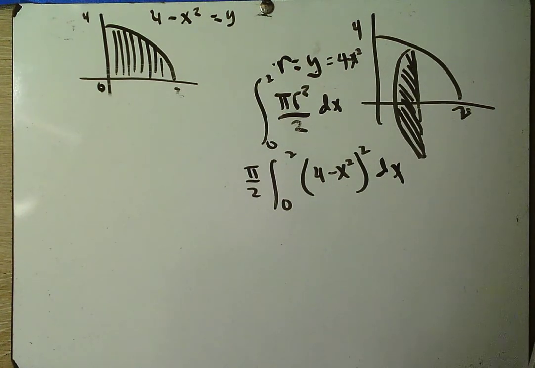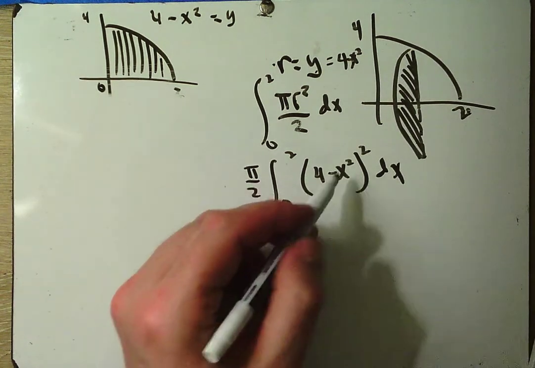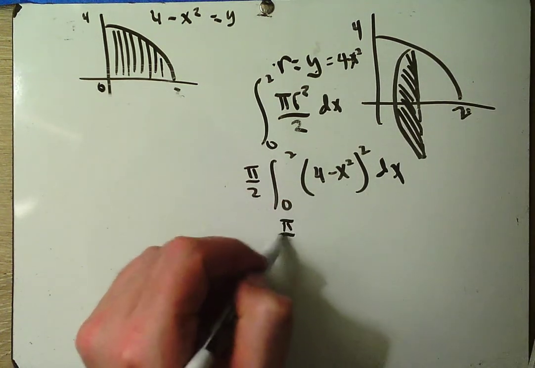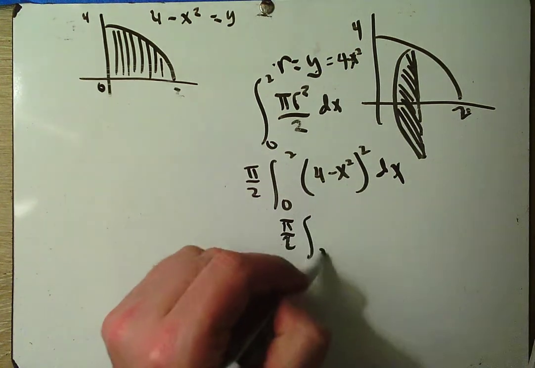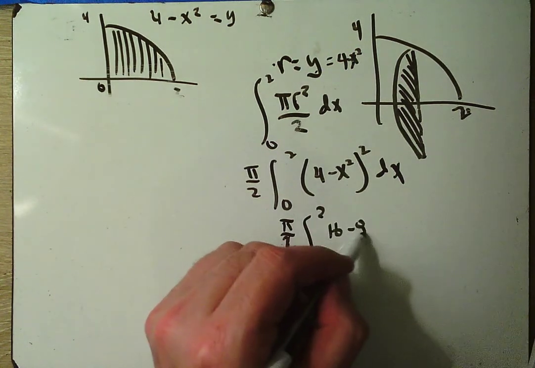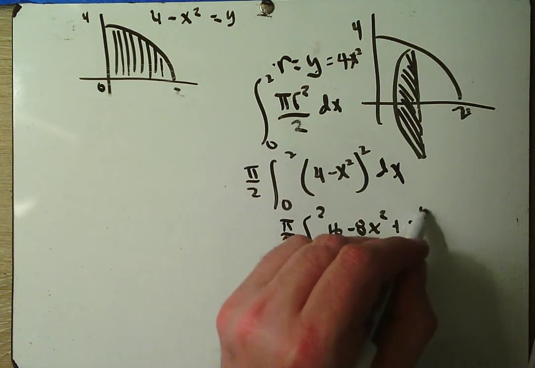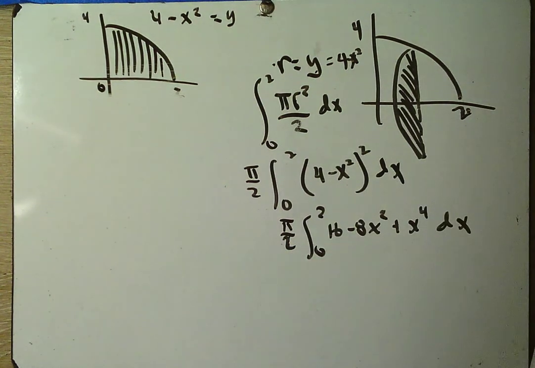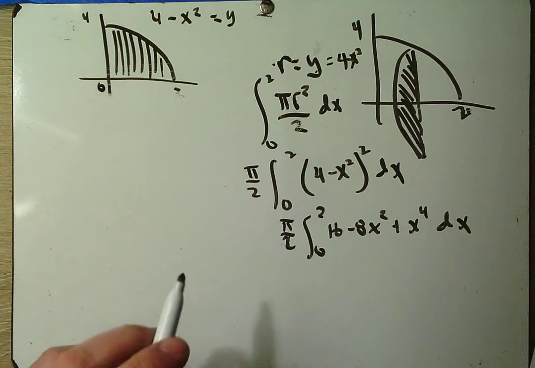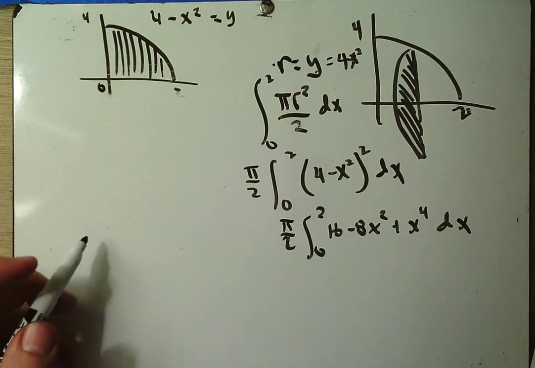Okay, this is similar to the last one, but a little different. Notice I just have a pi over 2 in front. I'm going to end up with the same 0 to 2, 16 minus 8x squared plus x to the 4th dx that I had last time. And again, that's a very simple antiderivative for us to find, so I'm not going to wait on it.